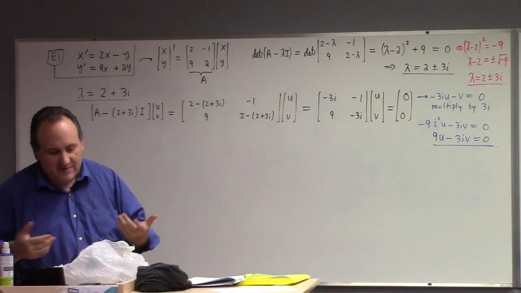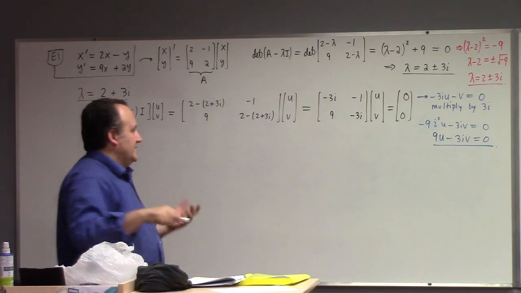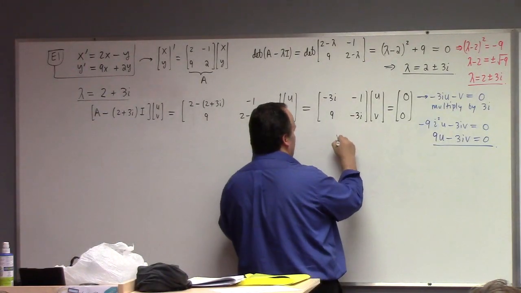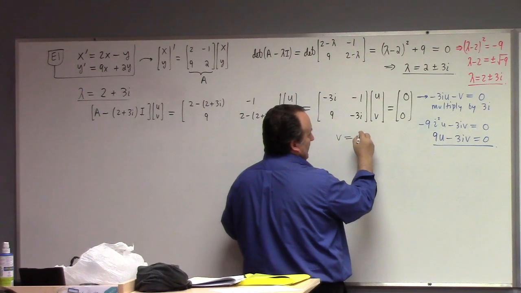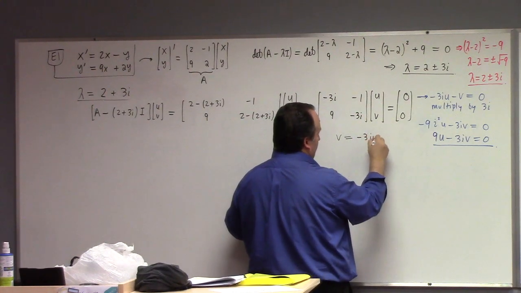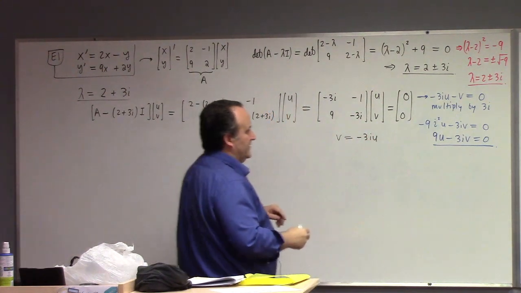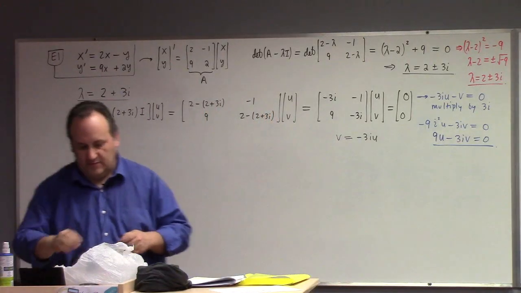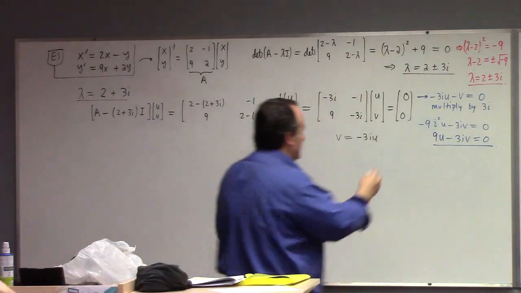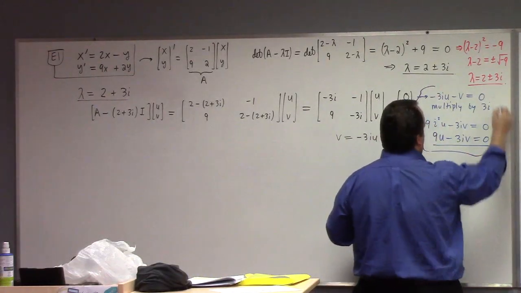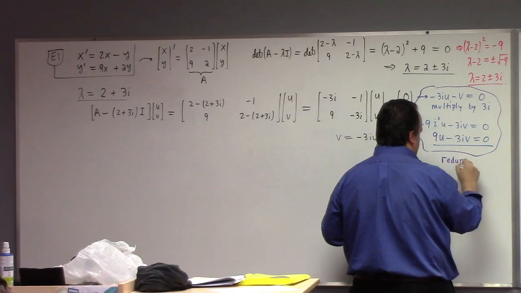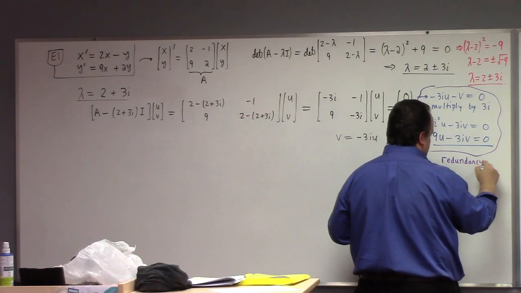So, do you need to do it? Not necessarily. That said, I really like the first equation. The first equation says that v is equal to minus 3iu, right? So let's use that one. In case you somehow missed what I just said, all of this is just a redundancy check.